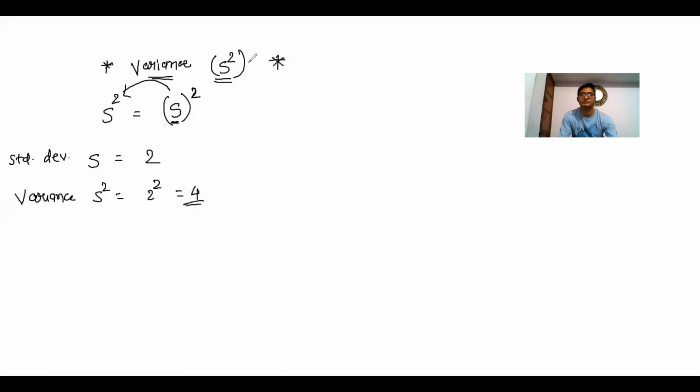Second point is combined mean. Combined mean we already studied in chapter number 3, measures of central tendency. It is denoted by x bar c.